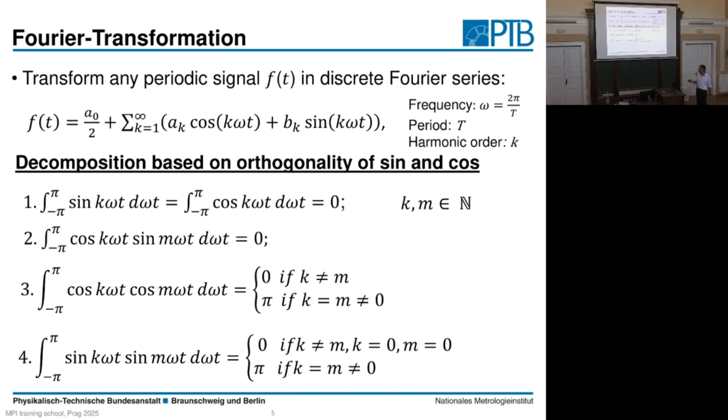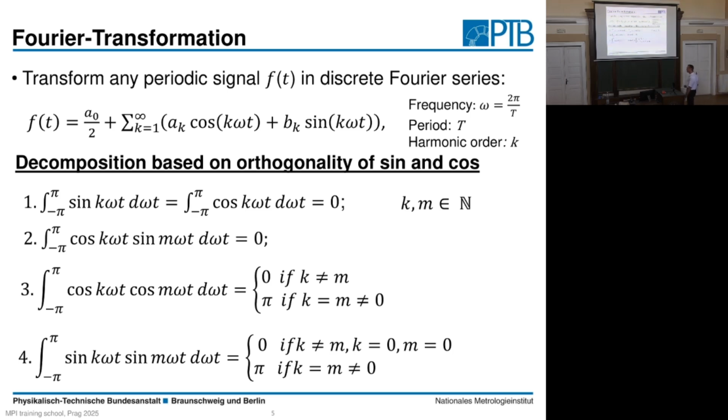The first rule is that the integral over one period from minus P to P is always 0, whether it's a sine or cosine function. This means all AC parts are 0, and the only part which remains is the DC part that we use to determine A0. The second thing is that all mixed terms with cosine and sine, of different or equal harmonics, are always 0, so we do not have to care about them.